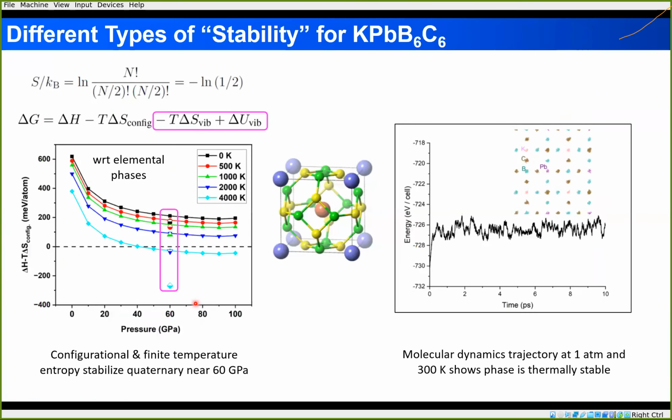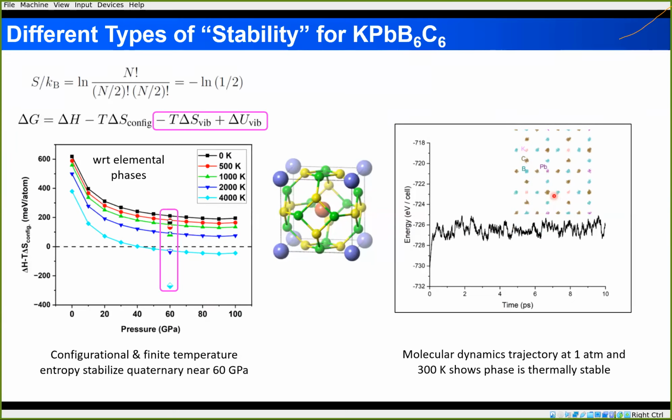And then we have to think about stability. So first of all, we have done the phonon calculations, obviously the molecular dynamics types of calculations, and we find that this system is definitely going to be dynamically and thermally stable.